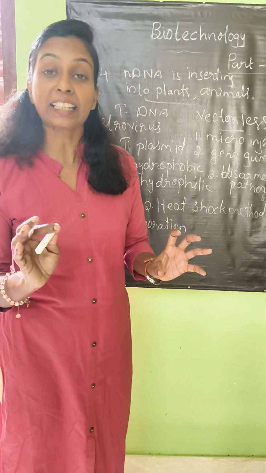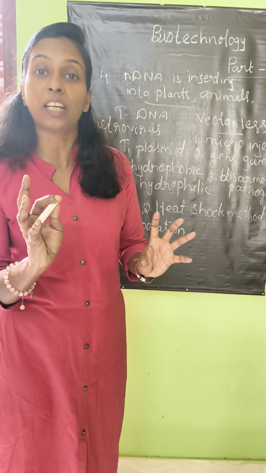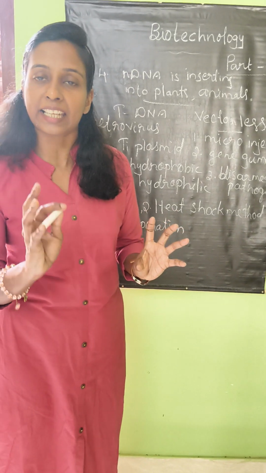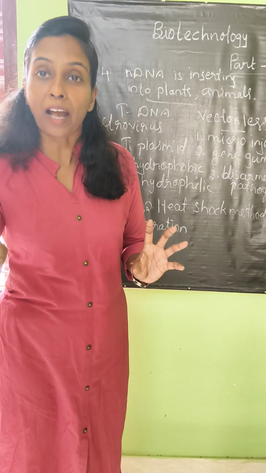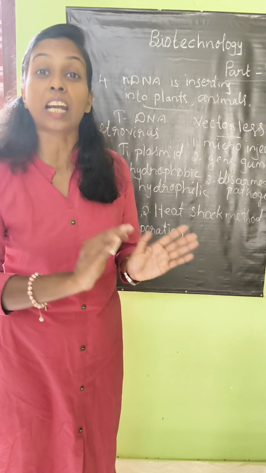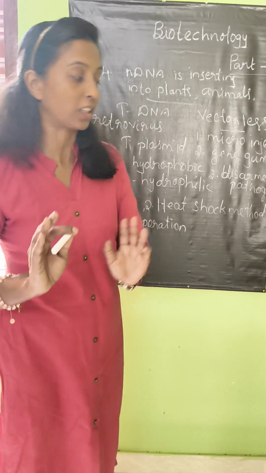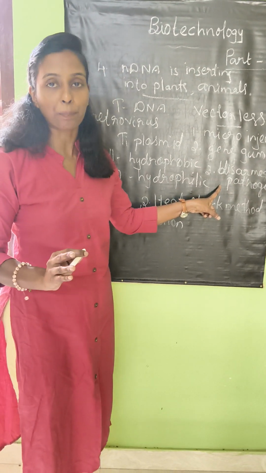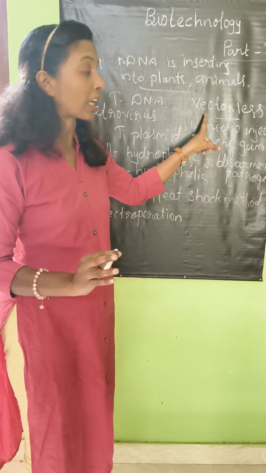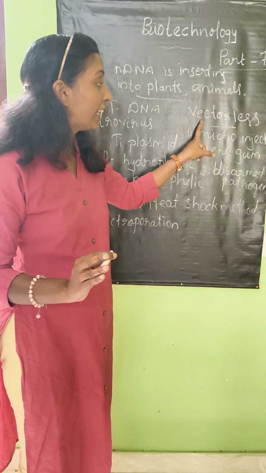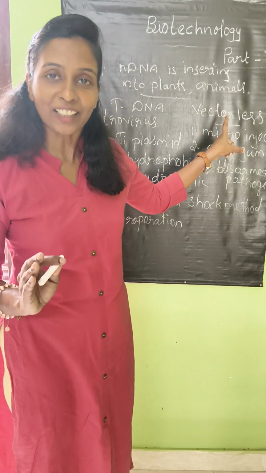The cell is infected with the pathogen carrying our gene of interest, in plants or animal cells, so that we can transfer the DNA into the host. These three methods are called vectorless methods. This is also an important question. Thank you students.